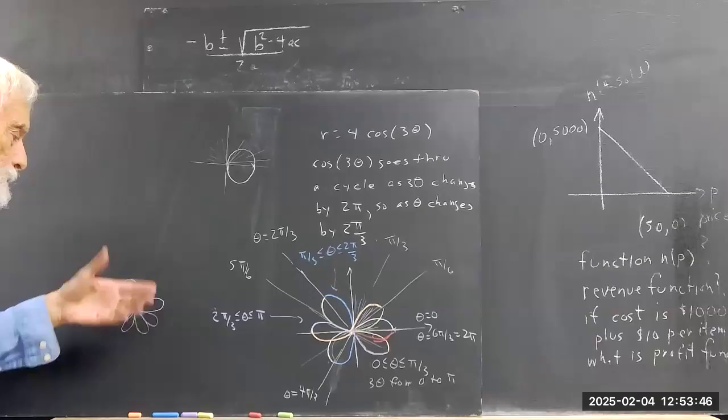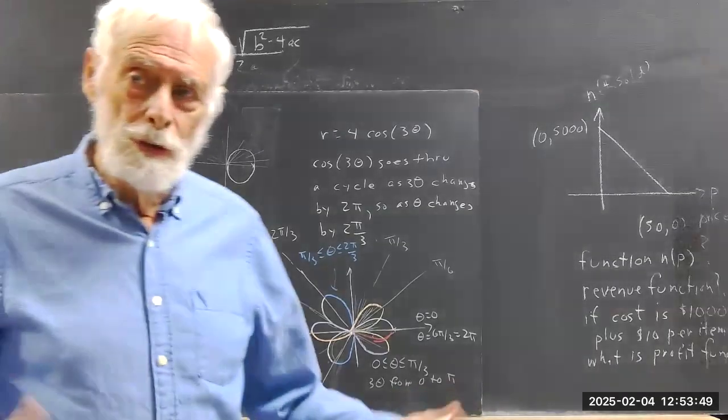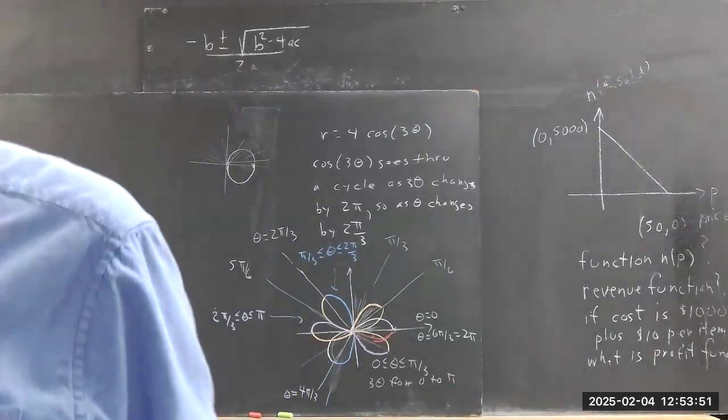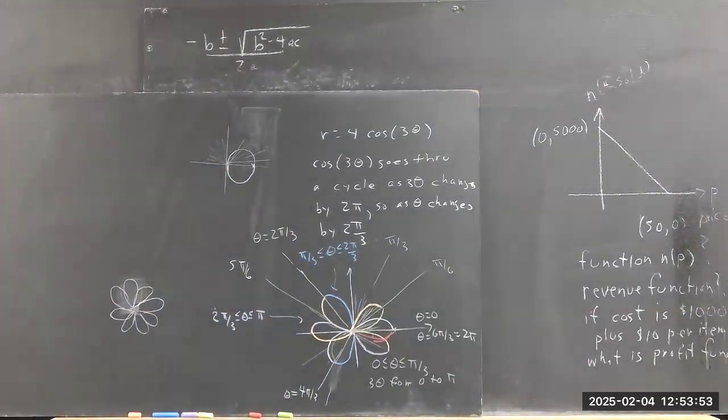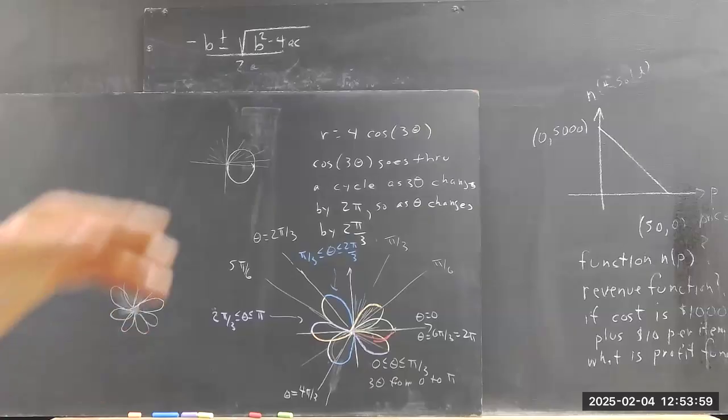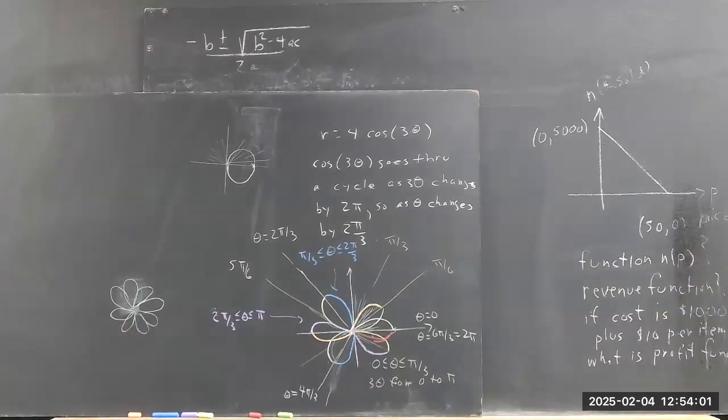I lose track of what I'm doing, but kind of that shape. You've seen the shape. Makes sense? And you can do symmetry tests and stuff like that. We're going to work with symmetry, but we'll talk about it with respect to the coordinate systems when we actually get to it.